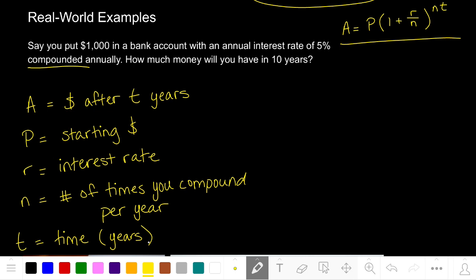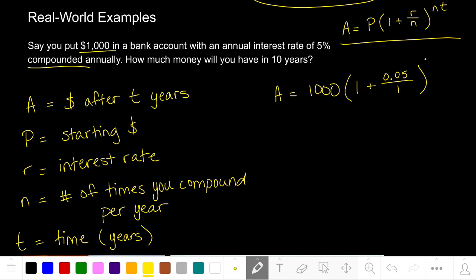So if we take the different aspects of this example and plug them into our function, well, we want to know A. So A equals our starting amount, $1,000. We're going to multiply that by 1 plus our rate. Of course, we're going to express the rate as a decimal. So you divide 5 by 100 and we get 0.05. It's only compounded annually, so 1 time per year.